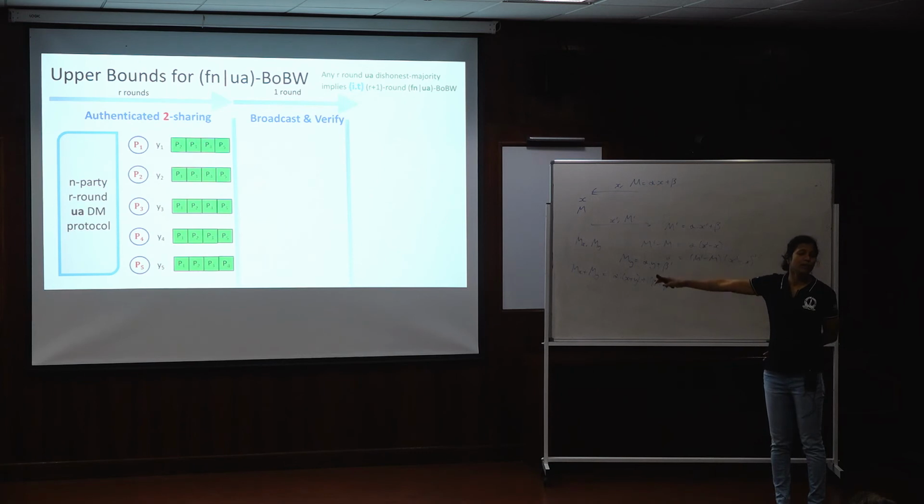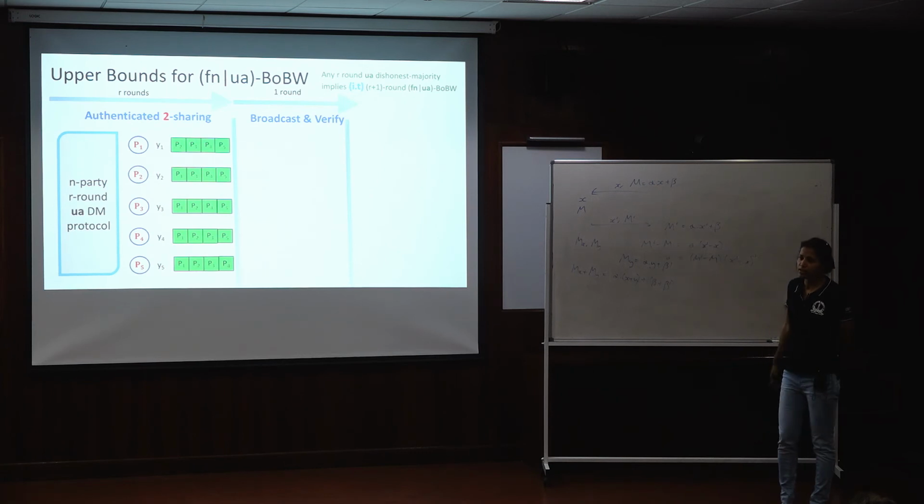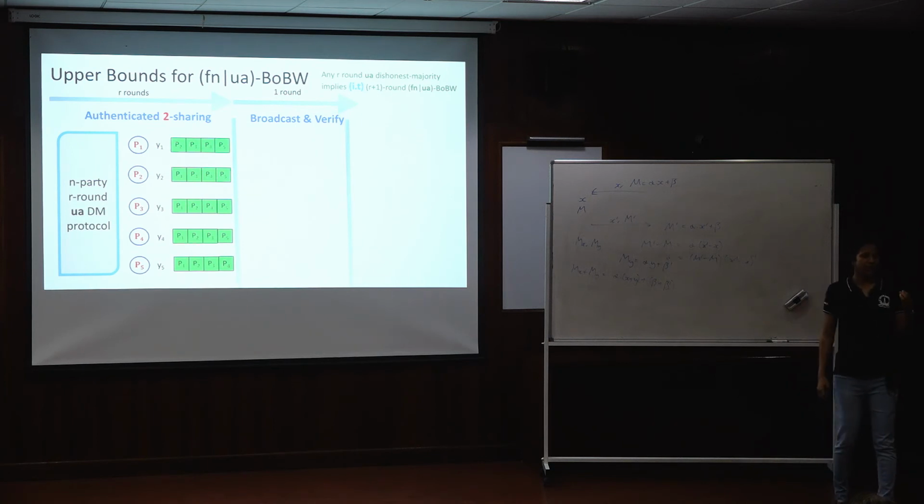Now you can complete the protocol in the following way. Every party will consider every share with respect to the keys that it holds, and check with respect to the MAC. Whichever share passes the MAC test is going to be considered.